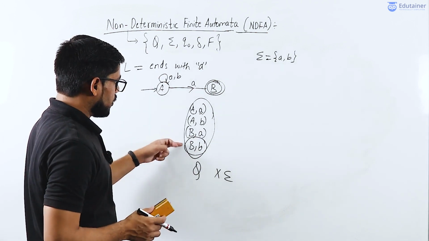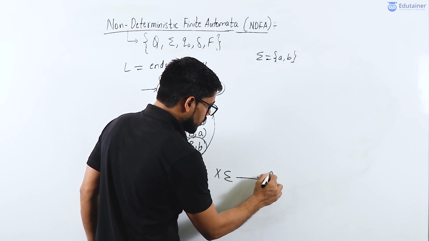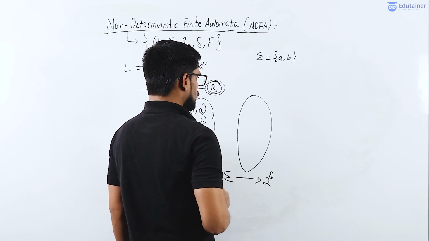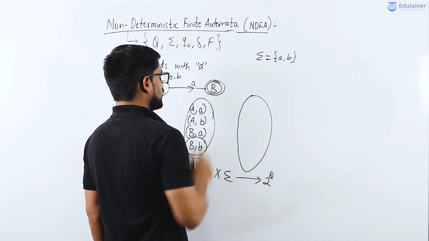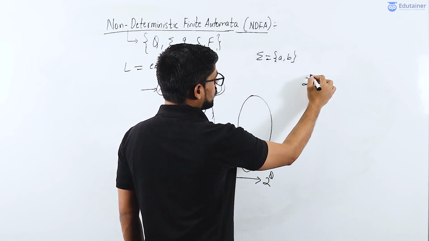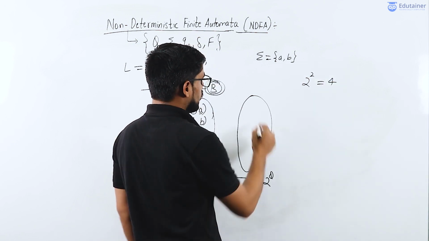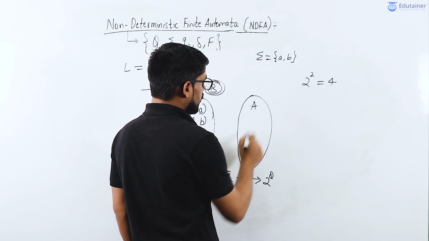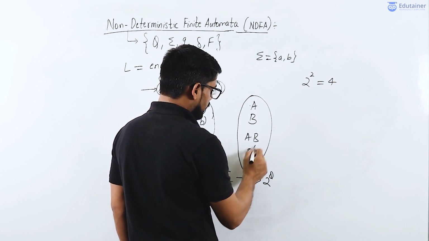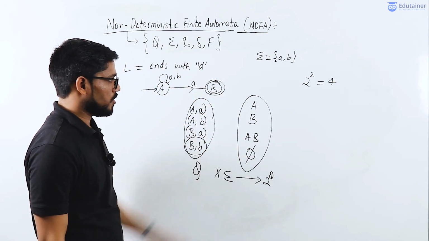So there are four different possibilities, and it will go to 2 raised to the power Q. If you have two states, that means 2 power 2, so a total of 4 states are possible: state A, state B, state AB and phi.